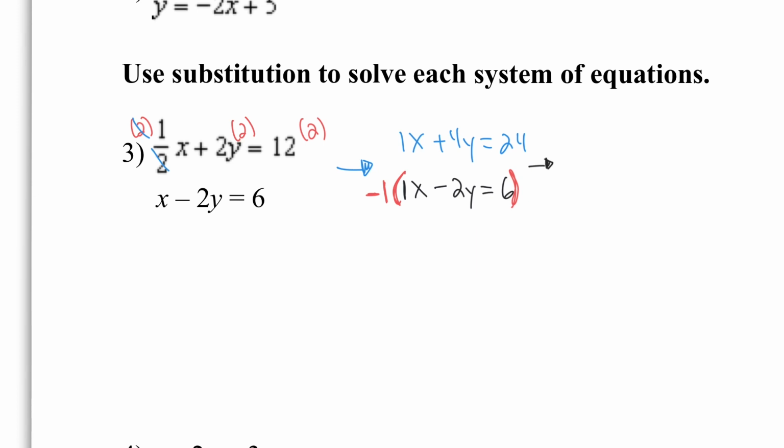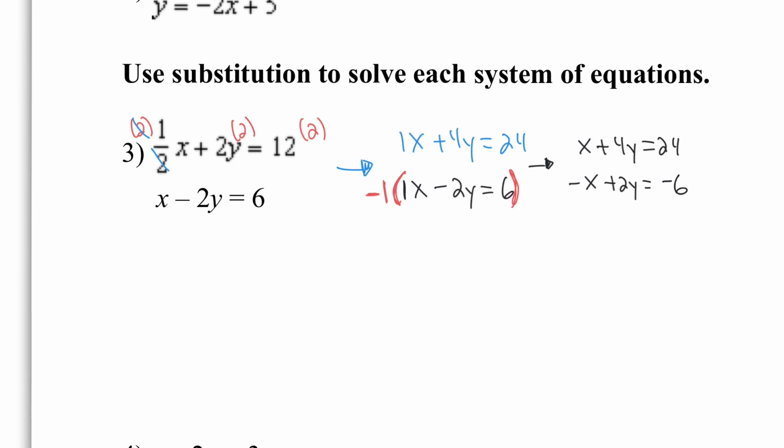I don't need that 1, I'm just going to put an x. And then I'm going to have the 4y equals 24. And on the bottom, I'm going to distribute the negative 1 times the positive 1x. That's a negative 1x, or just negative x. The negative 1 times the negative 2, that'll be a positive 2y. And the negative 1 times the positive 6, that'll be a negative 6.